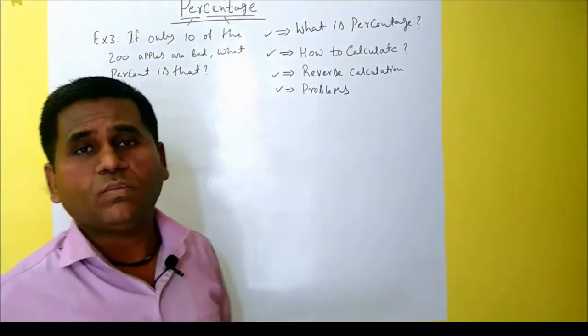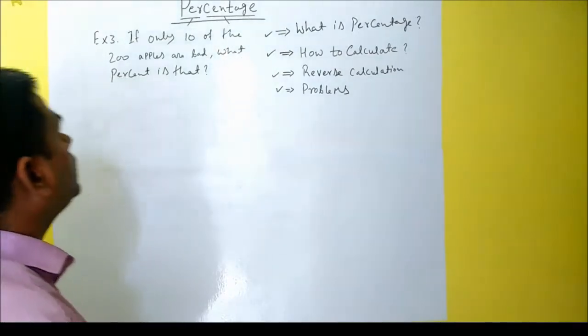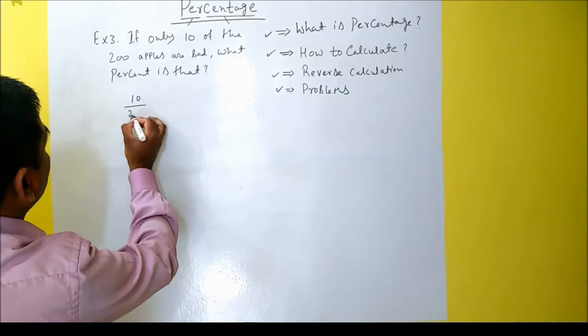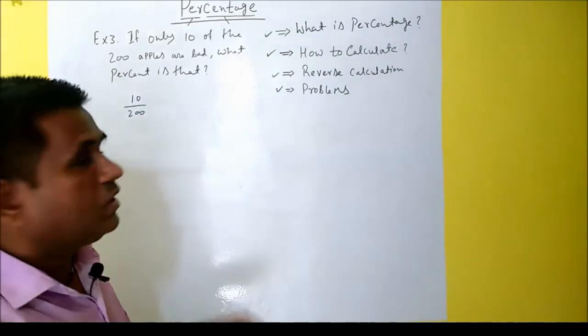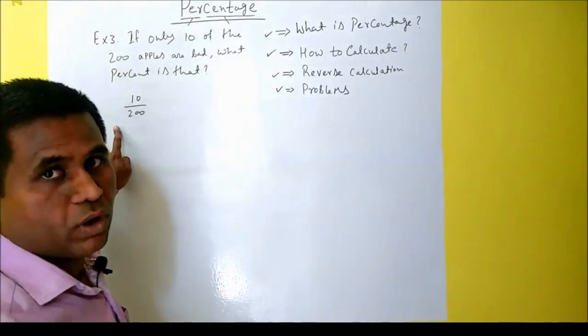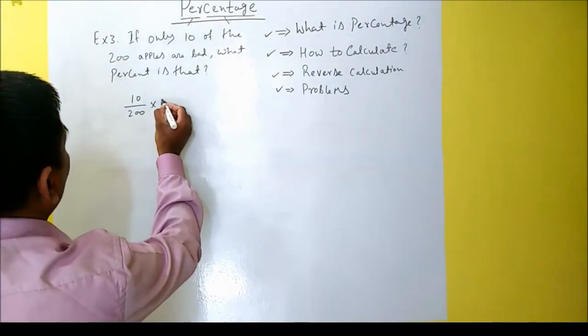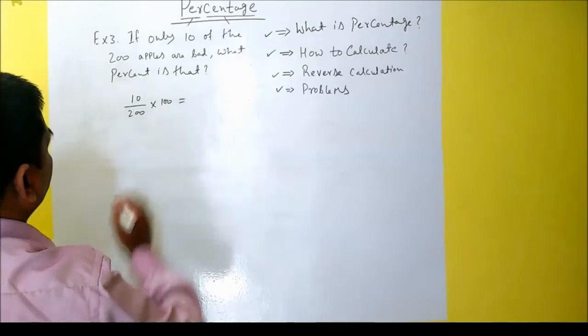So the first formula which we learned, we can use that, which is 10 out of 200. Okay, 10 apples are bad out of 200. So what is the percentage for this? To calculate percentage, we will multiply by 100.